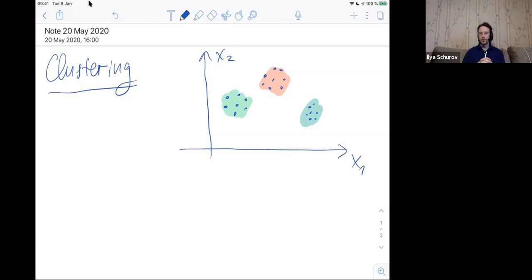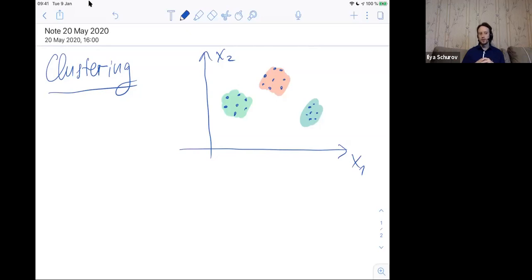Probably we just don't have enough data. For example, assume that we have some people who use some website, and we have statistics about how these people behave.